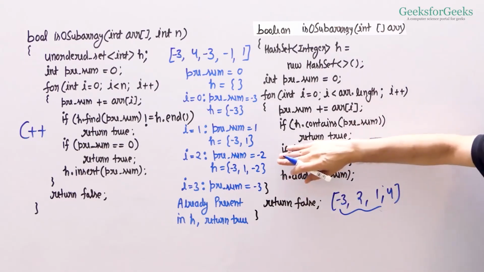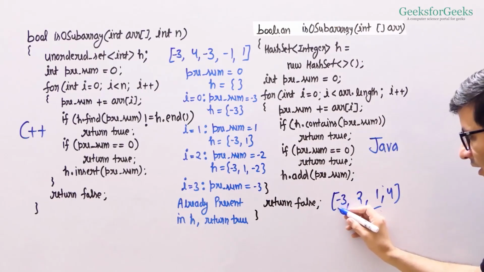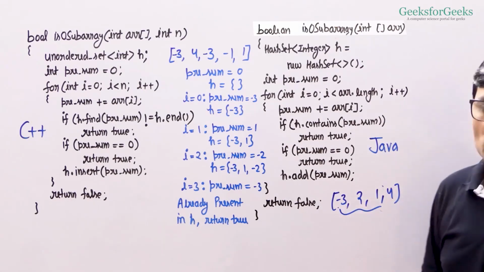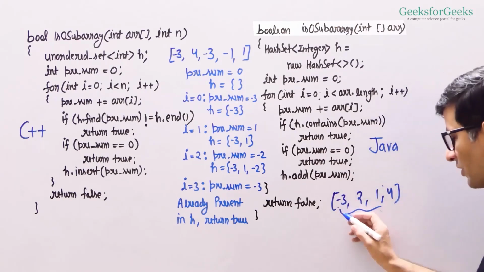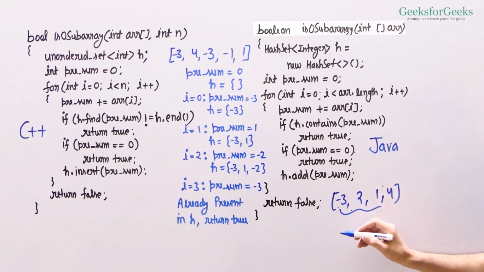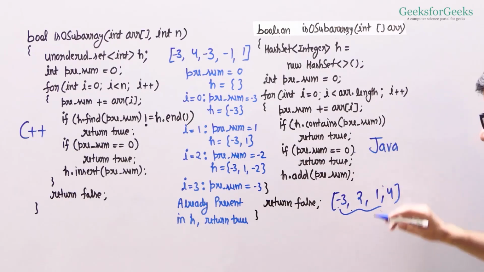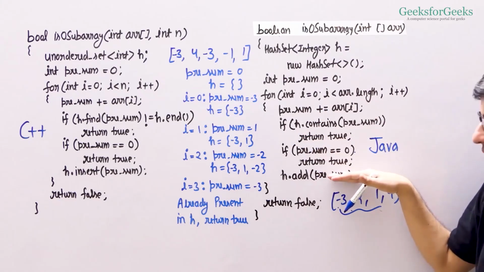But if I remove this condition, then the solution would not handle this because there exists a prefix with sum 0. So no prefix sum repeats because the whole prefix itself has sum 0, right? That's why we have this condition to handle cases when you have a prefix with 0 sum. So if the prefix sum itself becomes 0, then we return true.